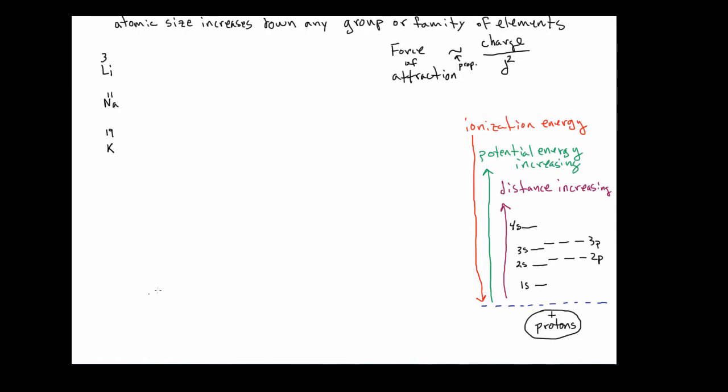The other thing that we need for this, the other concept, is a concept called effective nuclear charge. And this is going to be equal to the number of protons, which represents essentially the total protonic charge, minus the number of what we call core electrons. And in a way of thinking, the effective nuclear charge can be thought of this way.